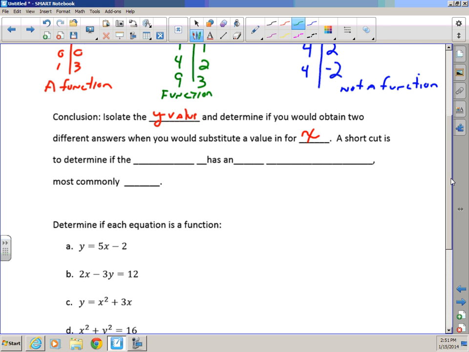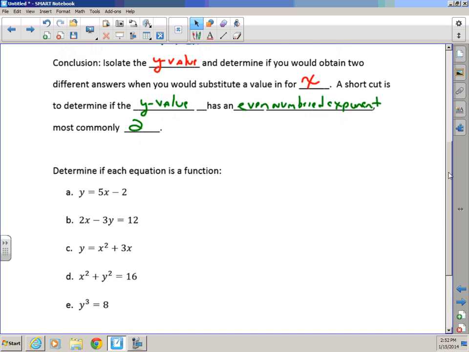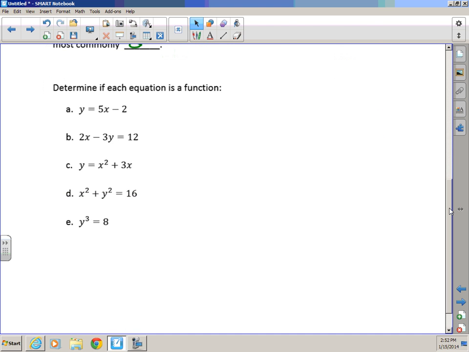The shortcut is to determine if the y value has an even numbered exponent, most commonly 2. If it does, then that is not a function. Okay? So let's take a look.